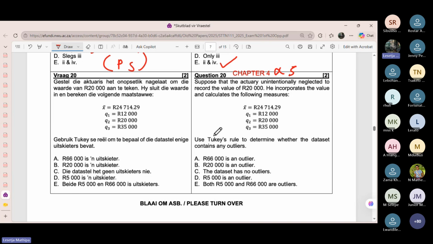You are given the mean, Q1 as the lower quartile, Q2 as the median, Q3 as the third quartile. They say you must use Tukey's rule to determine whether the data set contains any outliers.